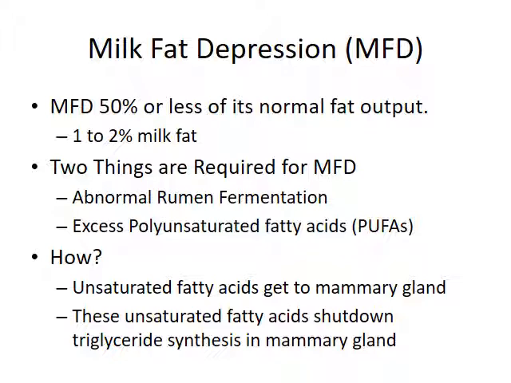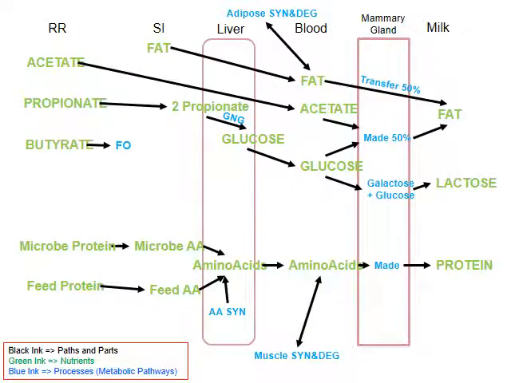If we shut that down, we're going to lose 50% of our milk fat, and that leads to milk fat depression. So the unsaturated fats in the mammary gland are shutting down this function right here. We're not making that fat anymore. We're saving it for the energy for the cow. We're shorting the calf.